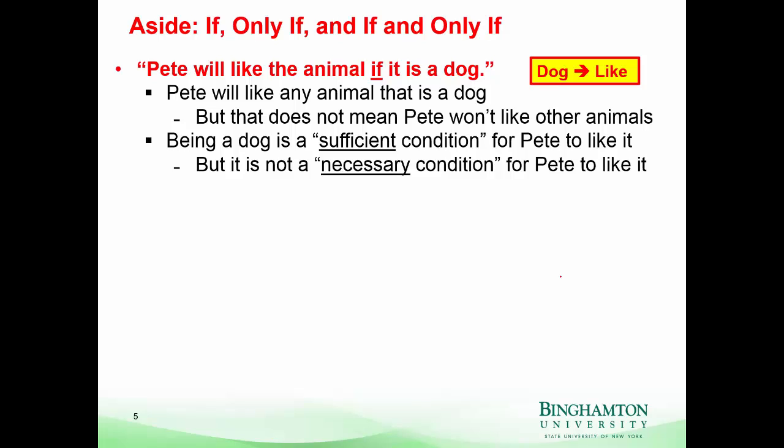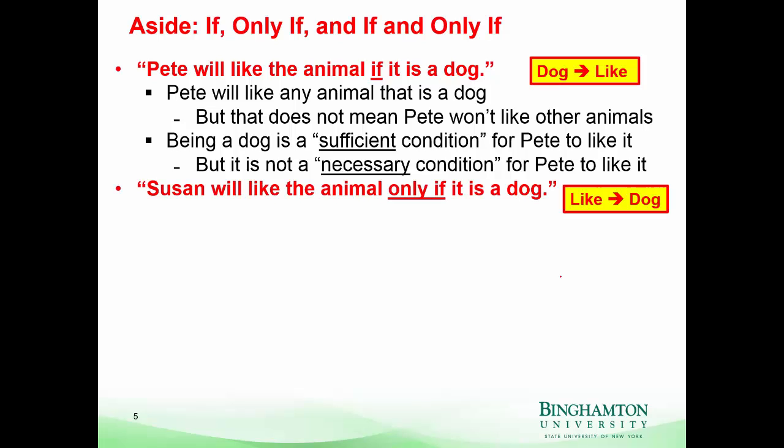But it's not a necessary condition. So here's a rabbit. Well, it's not a dog, but being a dog is not a necessary condition for Pete to like it. Pete might like this rabbit. We don't know. So that's the if, and that's sufficient. So the if is a sufficient condition.